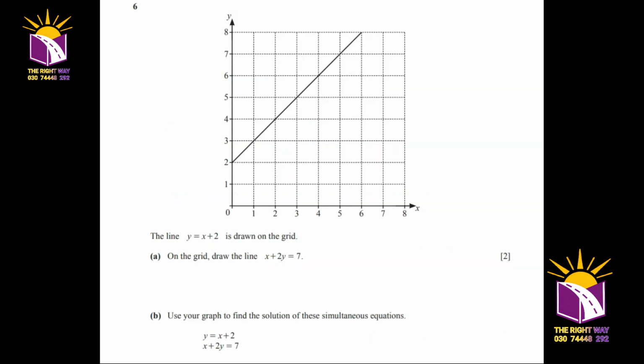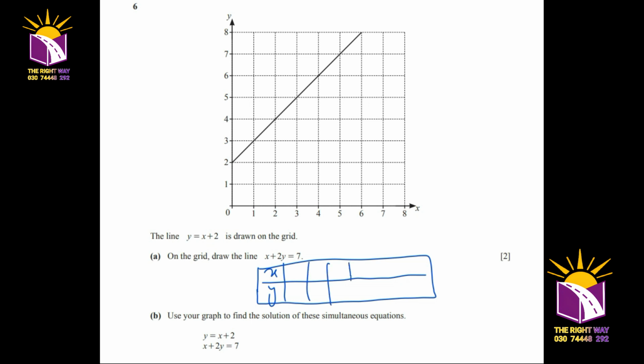Question number 6. The line y equals x plus 2 is drawn on the grid. On the grid, draw the line x plus 2y equal to 7. I am going to draw a table first. So we have the values of x and y. X will be equal to 0, 1, 2, 3, 4, 5.